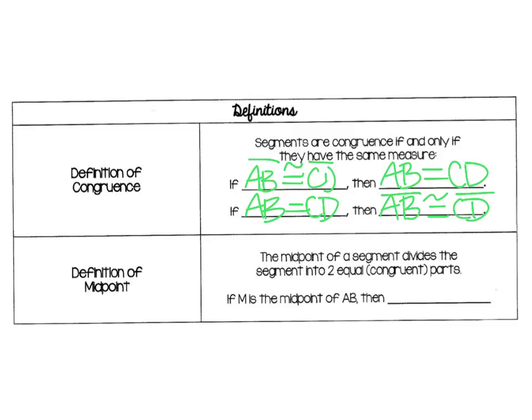So for example, if M is the midpoint of AB, then we can say that the measure of AM is equal to the measure of MB. And even though this seems like an obvious piece of information because we learned about the midpoint last chapter, we have to give it a formal name, and its formal name would be definition of midpoint.